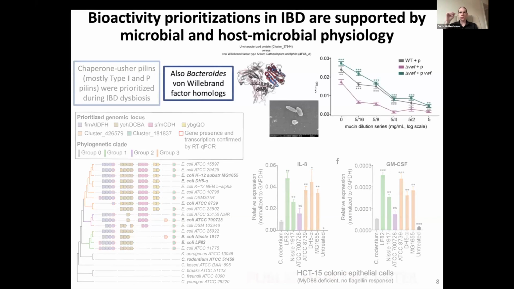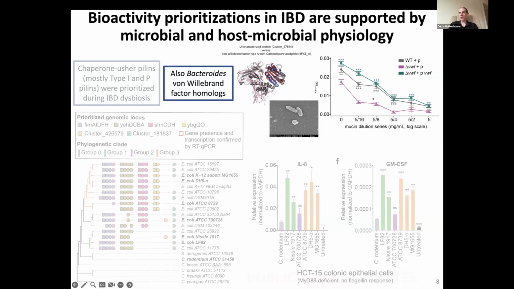We had a second, unrelated validation where we looked at a collection of prioritized von Willebrand factor homologs that were carried by different Bacteroides rather than different Enterobacteriaceae. And in humans, these are clotting proteins. So they're essentially Velcro proteins that help hold cells together. Our hypothesis was that these would be involved somehow in Bacteroides biofilm formation or mucus adhesion.